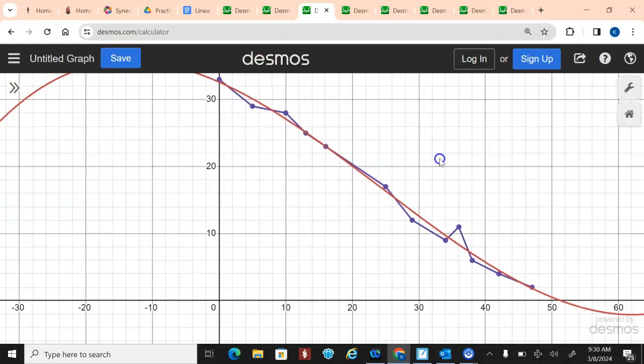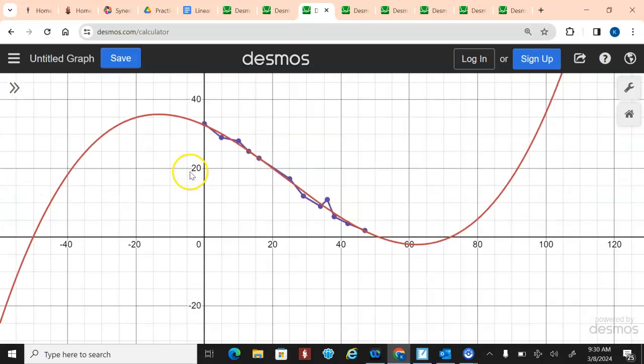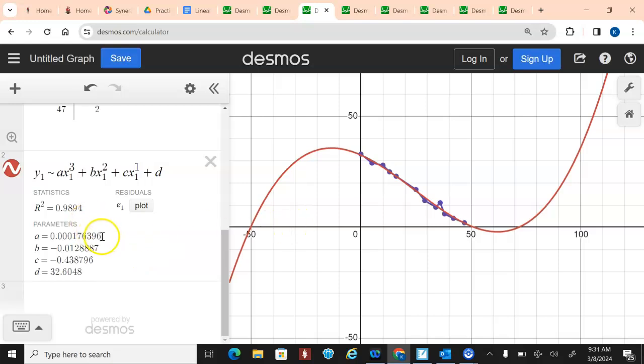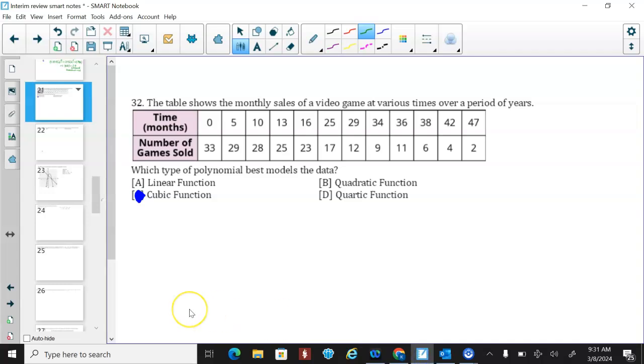So again, that looks very nice, like a cubic function, if you're looking at it this way, okay? So now, again, we don't have to do the numbers. Up here, it's simply just asking us if it's cubic or not, okay? So it is a cubic function.